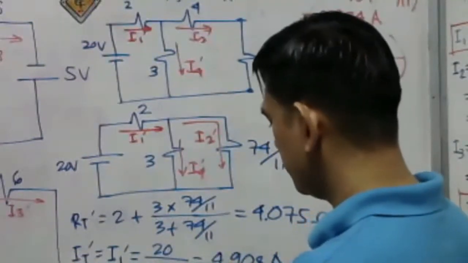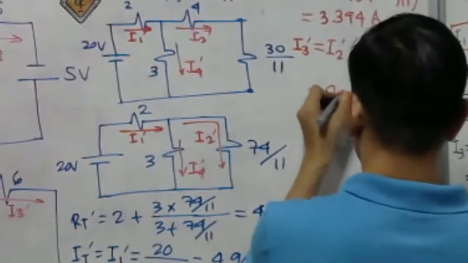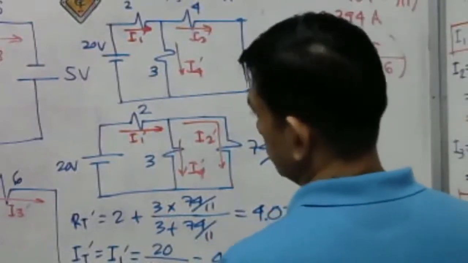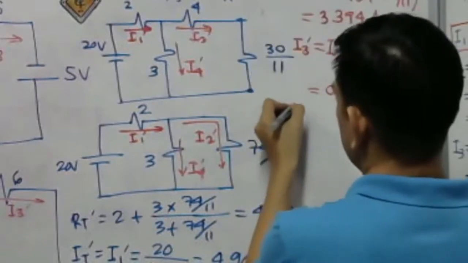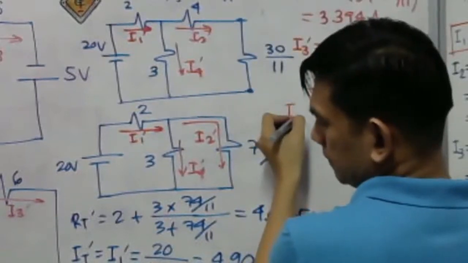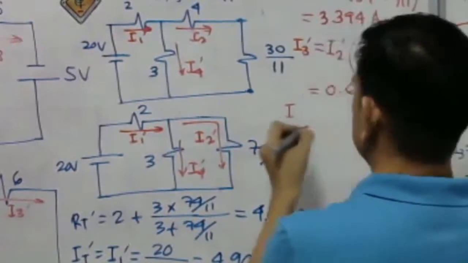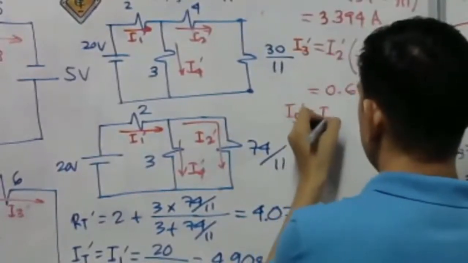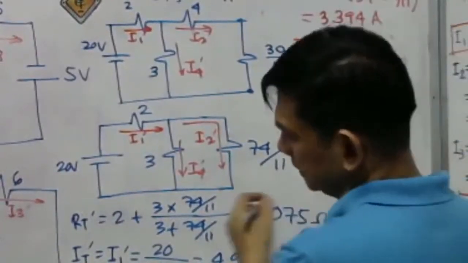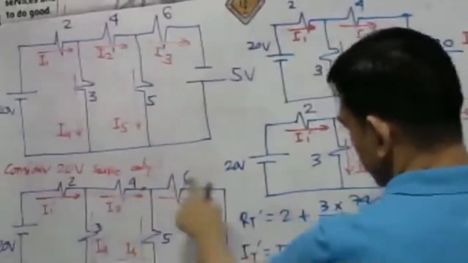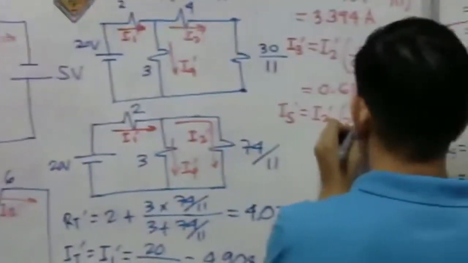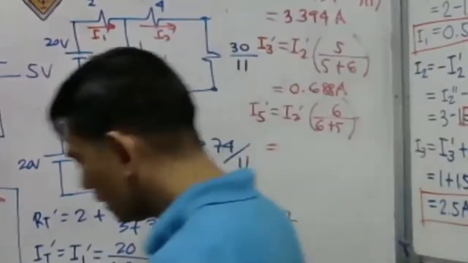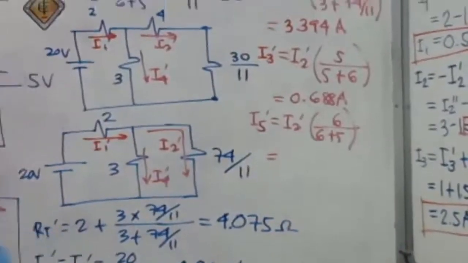Okay, the answer would be 0.688 amperes. Okay. What about I5 prime? I5 prime is equal to I2 prime multiplied by the opposite resistance of I5 prime, which is 6 over 6 plus 5. Okay? What will be our value here?